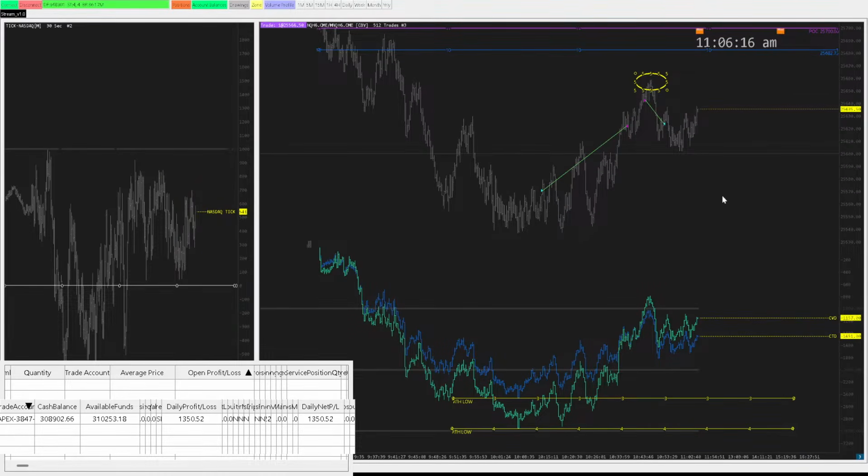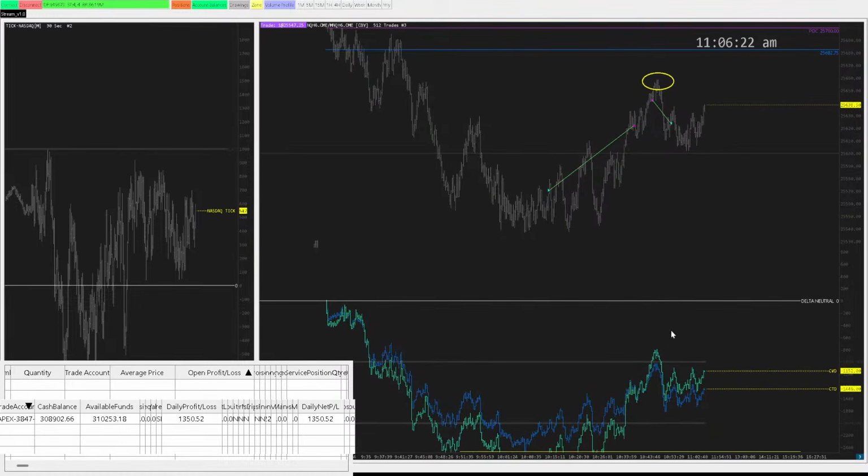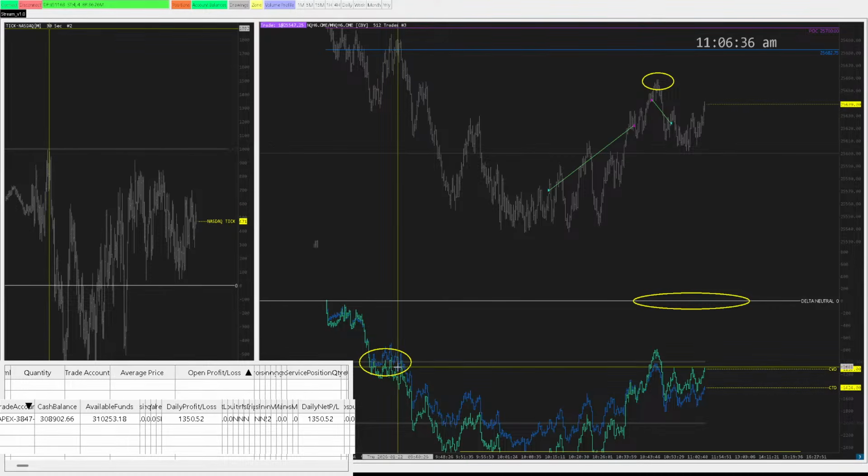I would feel a lot better about shorting it if my trades delta, my volume delta were kind of back up here. We're kind of in no man's land. There is this little cluster of aggression. Again, energy was stored right here. Order flow energy was stored, and then it was released in this direction.